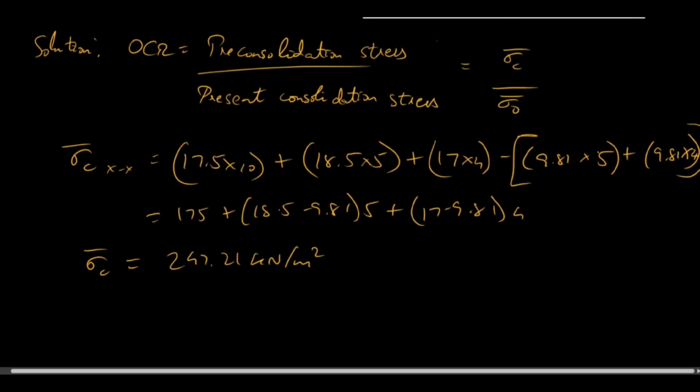So we need to calculate the present consolidation stress, sigma naught dash. The water table is 5 meter below the ground level.